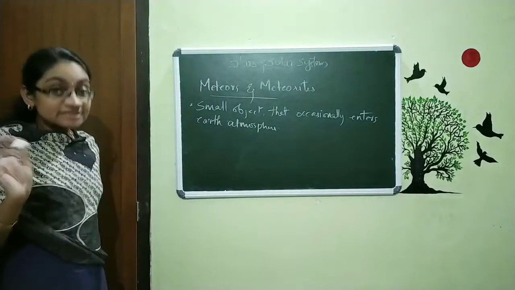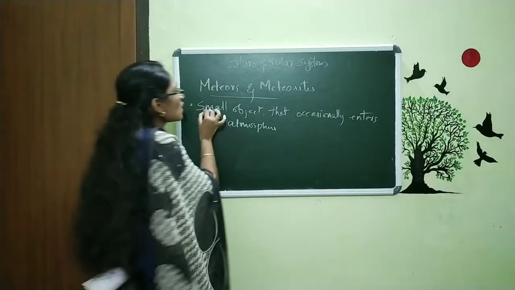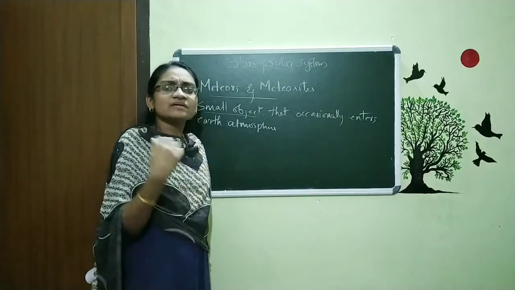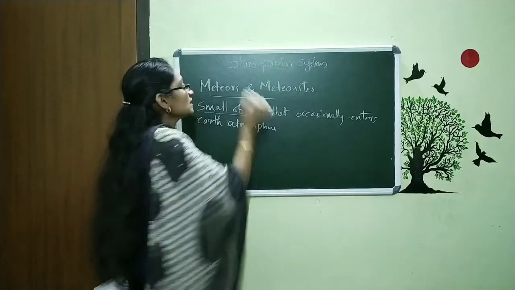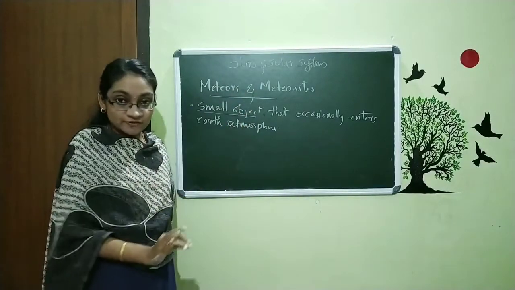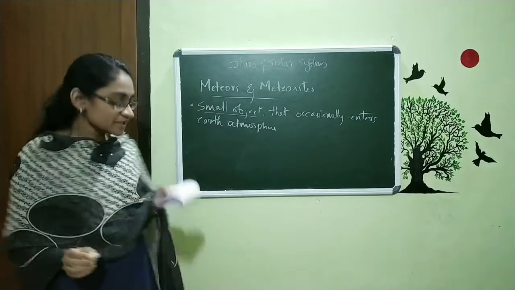So the meteor is some small object, and occasionally means it is not coming regularly. Sometimes some small objects enter the Earth's atmosphere, and that is what a meteor is.